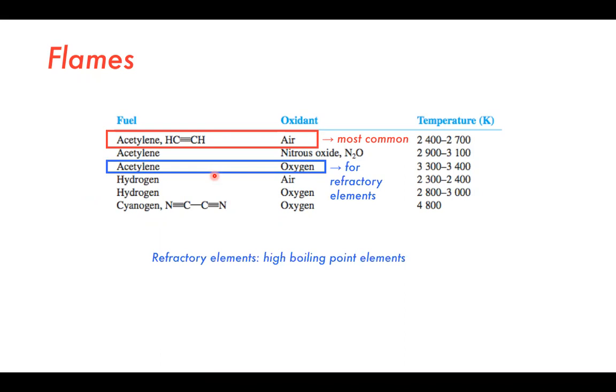These refractory elements are the ones that have high boiling points. Some compounds, some oxides, just do not want to be separated into their ions, and that's when we need these really high temperatures. You can see that changing from air to oxygen gives us an increase in our temperature range by about 600 degrees, and it creates a much more consistent range of temperatures as well.